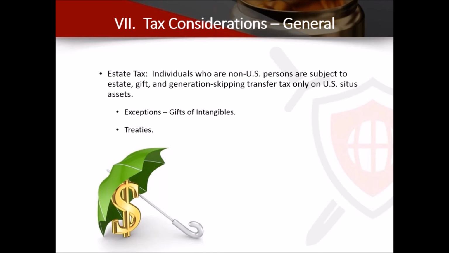Through the use of a foreign entity, a corporation, that could have been totally avoided. And then obviously the exception: the gift of intangibles. A non-resident alien is able to gift U.S. intangibles, and there's no gift tax. So just something to be aware of. The same thing with treaties. Just be aware that from a jurisdiction that has one, it might change the outcome.